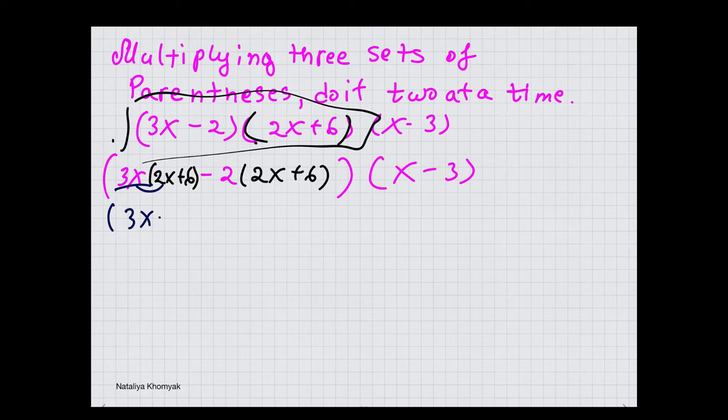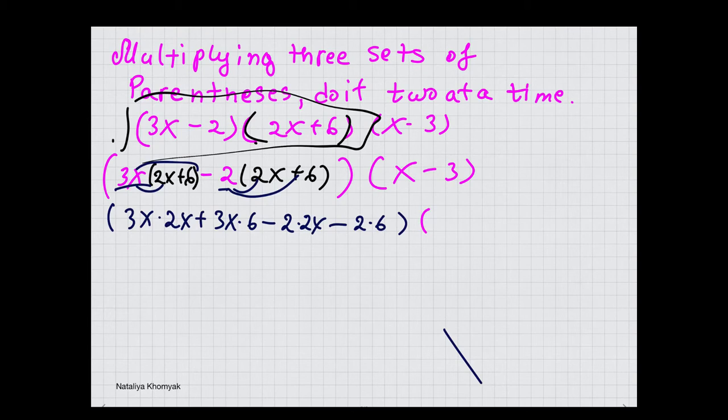We get 3x times 2x plus 3x times 6. Let's distribute this -2, negative times positive, -2 times 2x, -2 times positive, -2 times 6. And this third parenthesis is still hanging around over here.